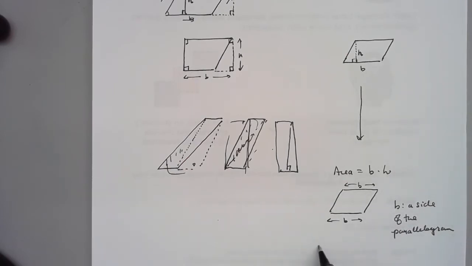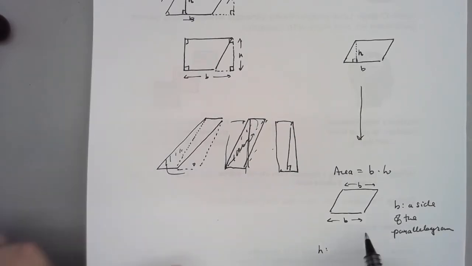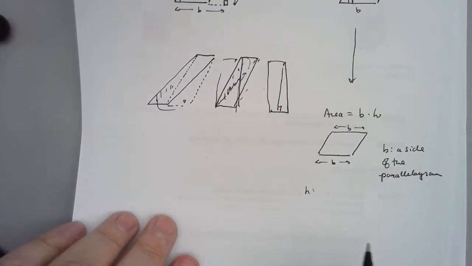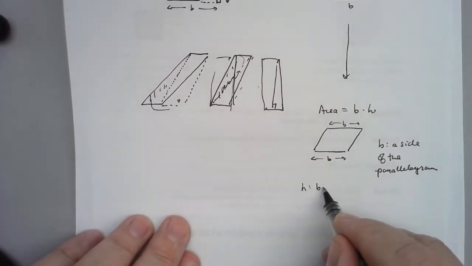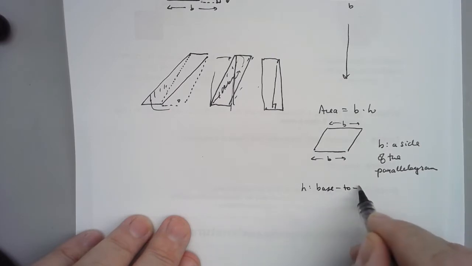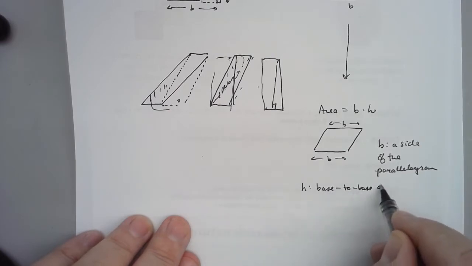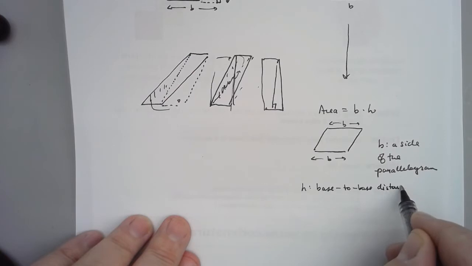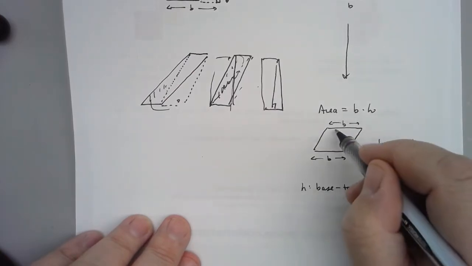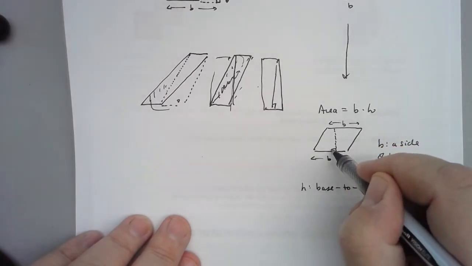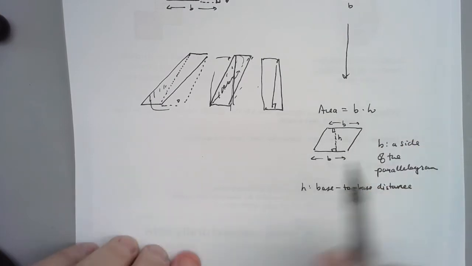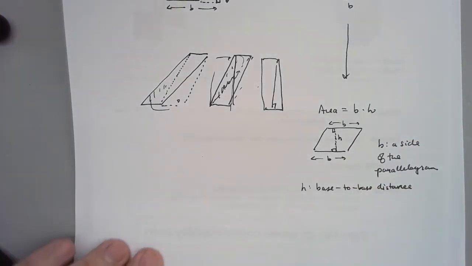And then the height of the parallelogram is the perpendicular base to base distance. So this is the height. And this height does not have to be drawn so that it makes a right triangle, because it's just simply the base to base distance.